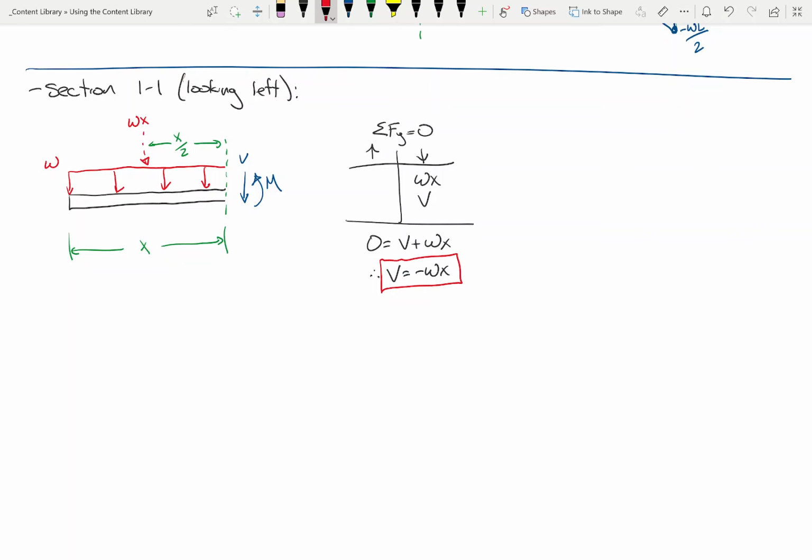What about summing moments at the cut? Hopefully I'm not going too fast on this. If I am, tell me if you're wondering where this stuff's coming from. But hopefully this should be pretty simple. Right? So I've got wx times x over 2, and then an M also going the other way.